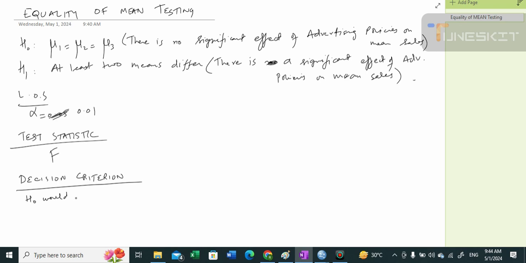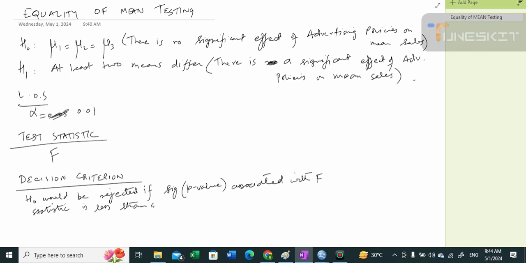H naught would be rejected if significance or p-value associated with F statistic, because we are performing this test on the basis of F statistic, is less than 0.05 or very low.